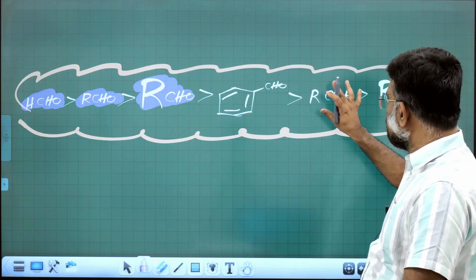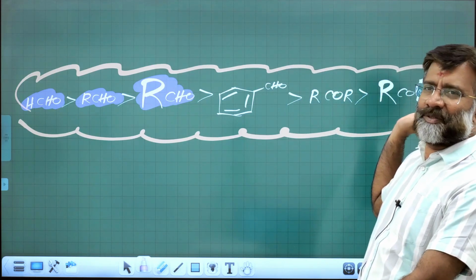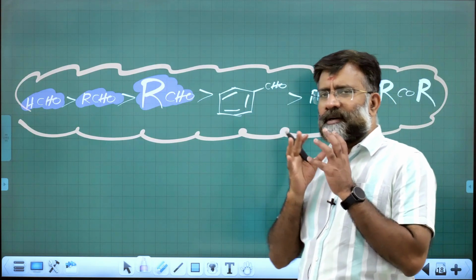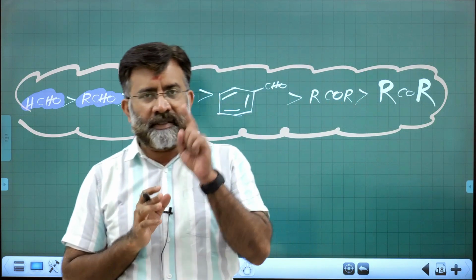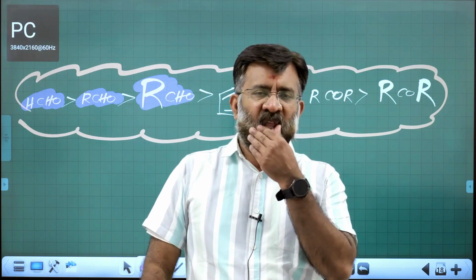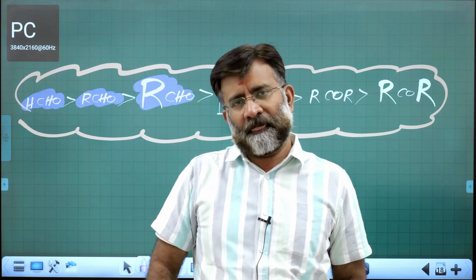Now among ketones, which is more reactive? The simple ketone will be more reactive. There is a great role for steric factors; the reactivity is mainly governed by steric factors.